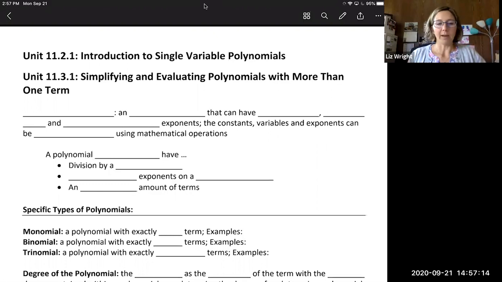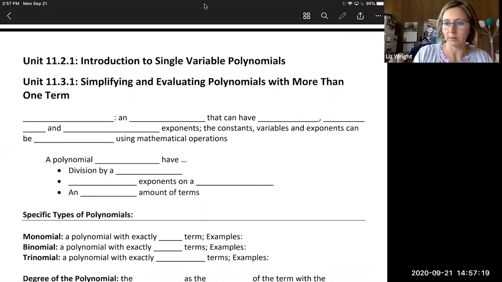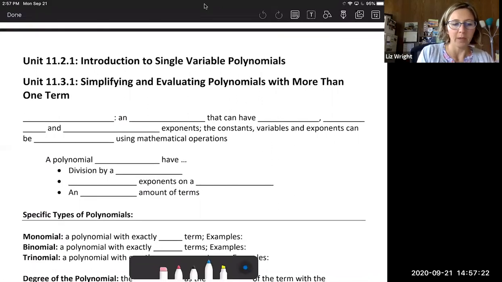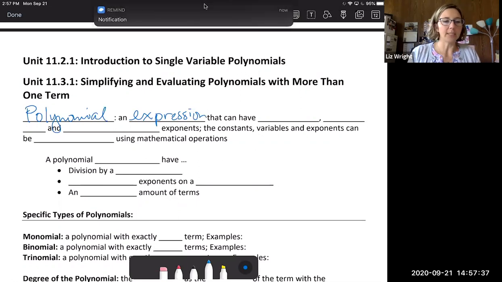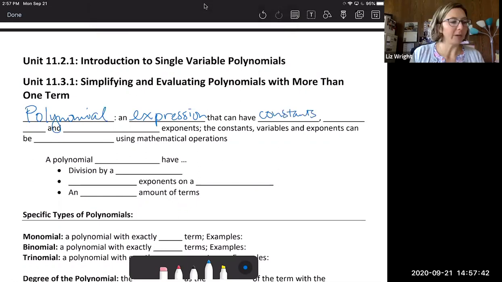So the first one, we have our definition of a polynomial. A polynomial is going to be an expression that can have constants, variables, and whole number exponents.